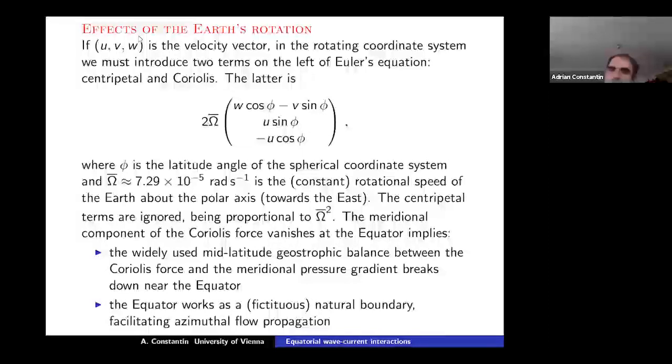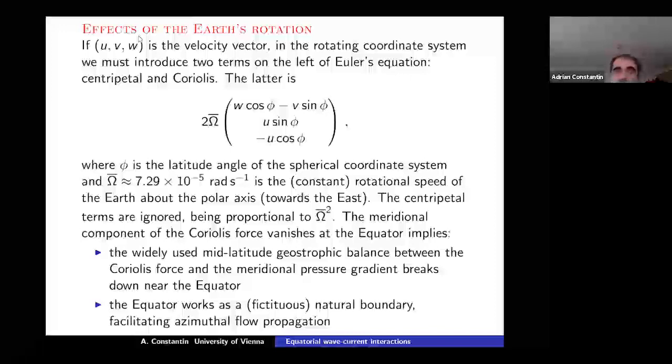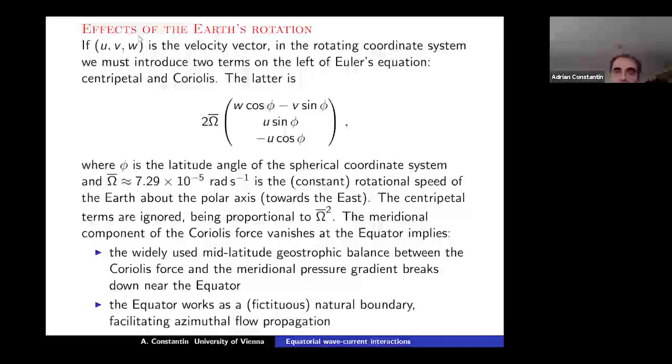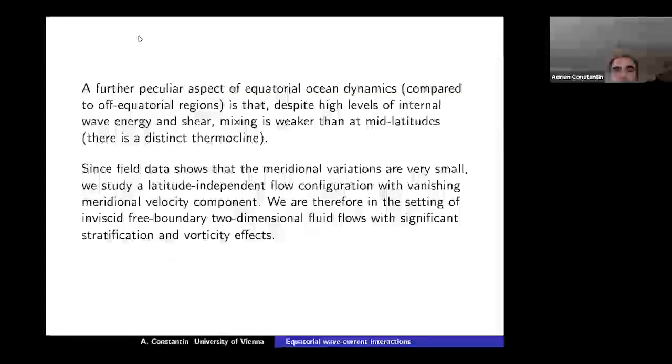So the fact that we are at the equator makes it physically almost as if the equator were a vertical wall, and waves propagate along this wall in one direction. This is a big help because we don't have to deal with three-dimensional waves. It is two-dimensional waves within this region of about 300 kilometers around it.